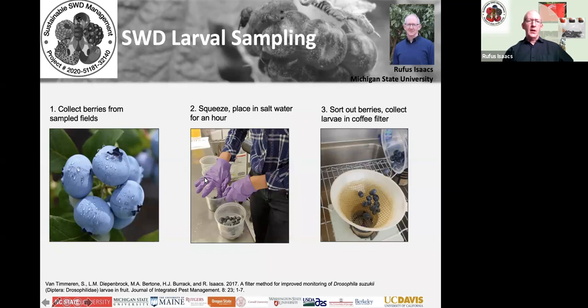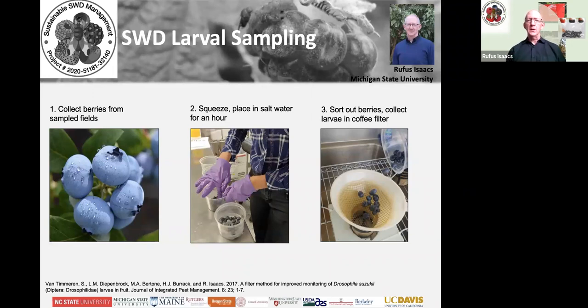This approach was developed in collaboration with North Carolina State University and my lab, and a lot of the credit goes to Steve Van Timmeren, who was the lead author on this. The basic approach is collecting berries from fields. We put those in a plastic container. You can do a squeeze with your hand, or in this case, you see them doing individual berries.